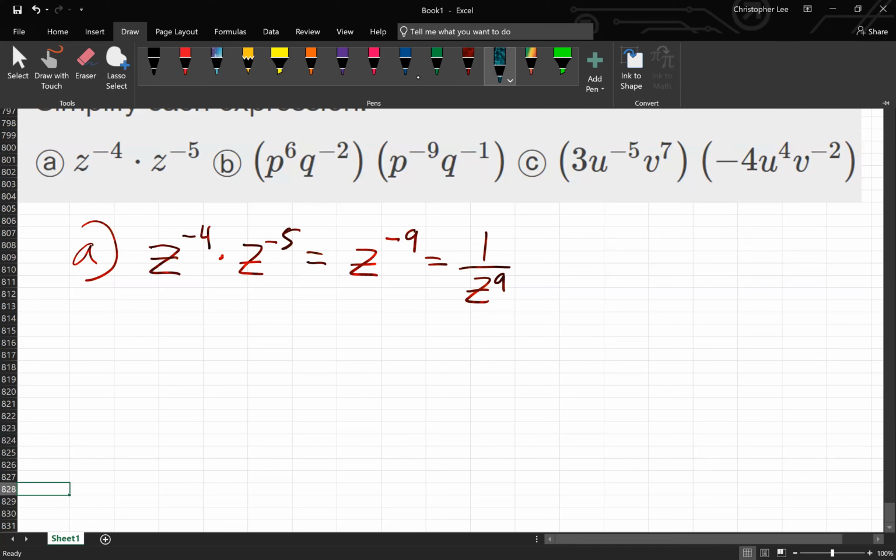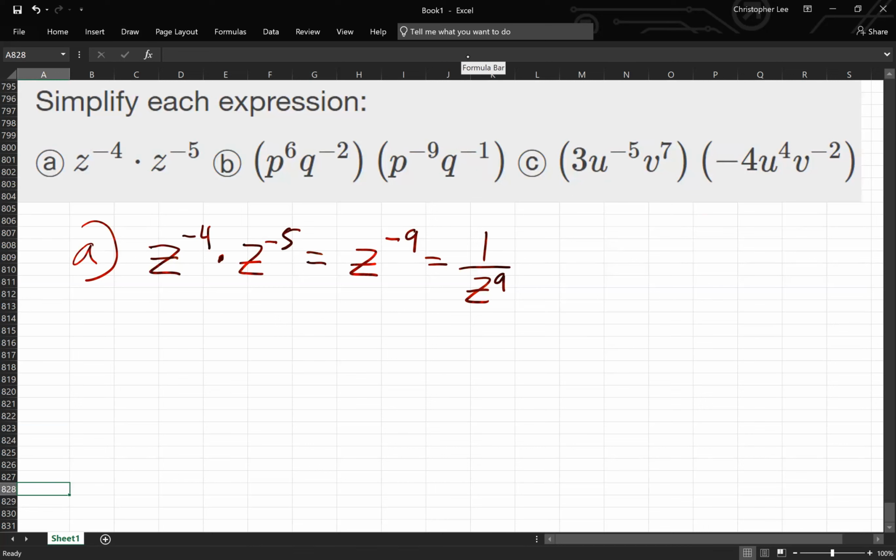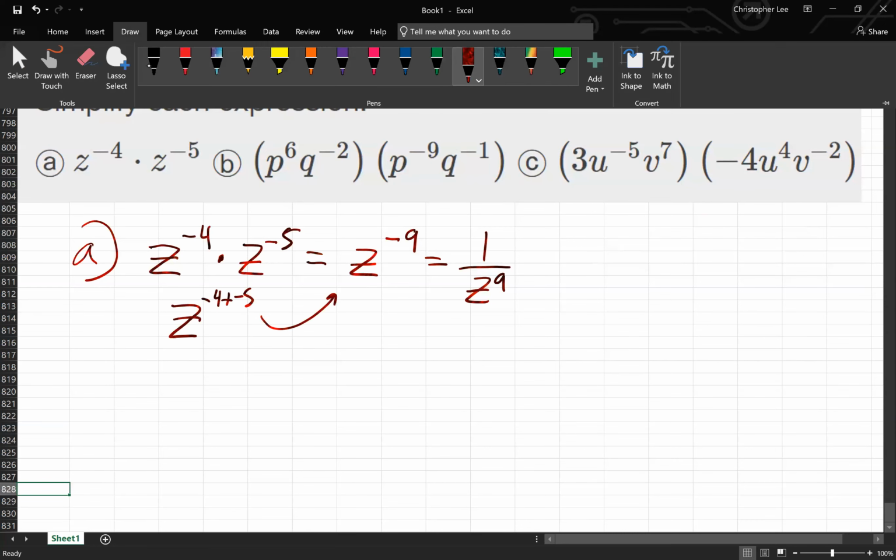That's multiplication. This is for addition. Remember, the dot means multiplication, but when you multiply exponents, it becomes z to the negative 4 plus negative 5 power. That's how that comes in. That's wrong. It's illegal to have negative exponents.